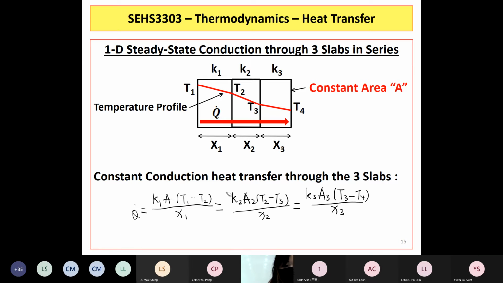We assume the area is constant, so now the equation becomes like this. If we rearrange this equation, we rearrange it like this.